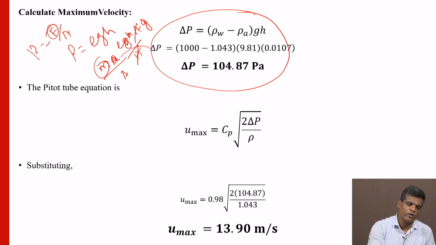From there only we are deriving that. Since the densities are different, we are writing rho W minus rho A.